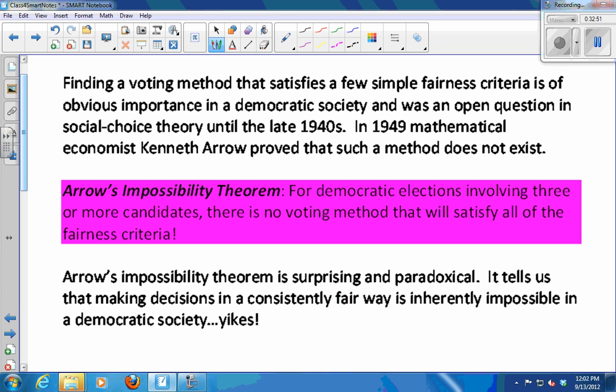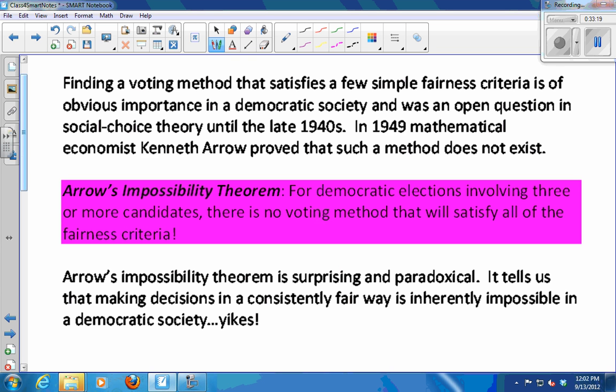We live in a democratic society. This is how we make decisions. So it's really important that we looked for a method that would be fair, that would satisfy these basic fairness criteria. And it was an open question. People couldn't find one. People were working on it up until the late 1940s, and in 1949, a mathematical economist actually proved that you can't do it.